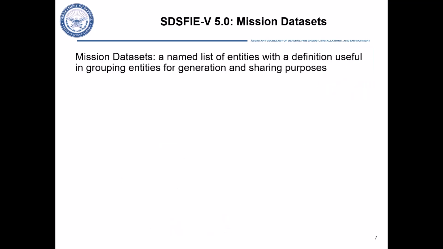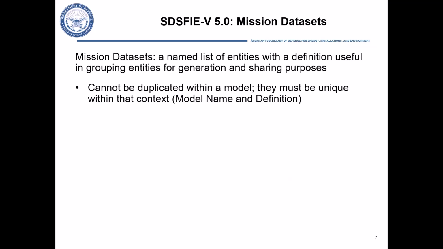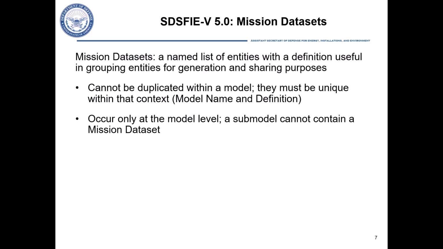The next new element type is the mission dataset, which is a named and defined list of entities useful in grouping entities for generation and sharing purposes within a specific mission space. As stated previously, mission datasets cannot be duplicated within a model. They must be unique with respect to model name and definition within that context.